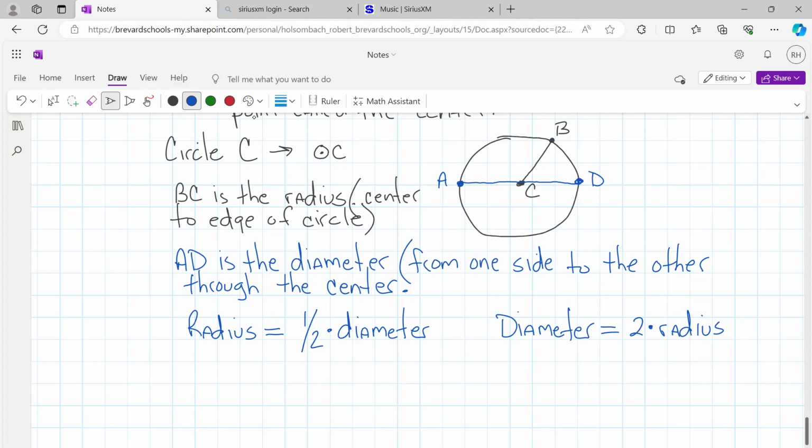All right, and then one more term we need here is a chord. A chord is a segment with endpoints on the circle.